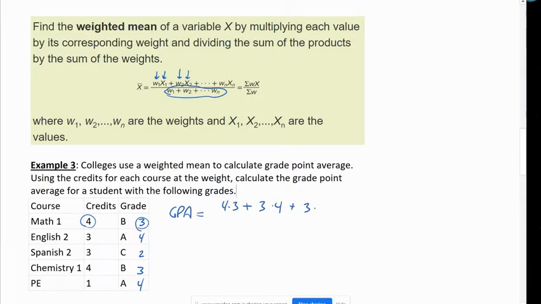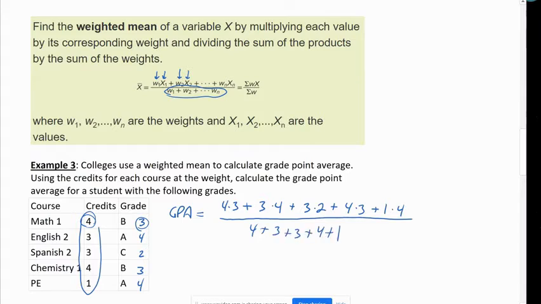Sorry, I wrote 4. That should have been a 2. And then the weight 4 times the grade 3 for chemistry, and the weight 1 times the grade 4 for PE. And then what we're going to divide by is the sum of all of the weights. So that's 4 plus 3 plus 3 plus 4 plus 1.